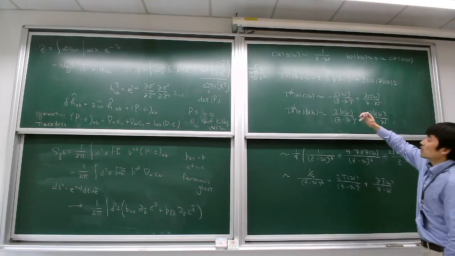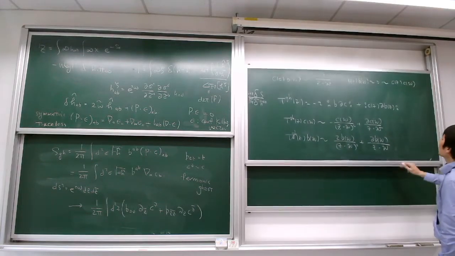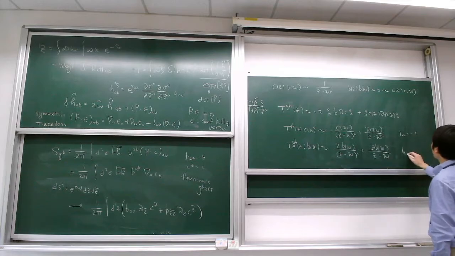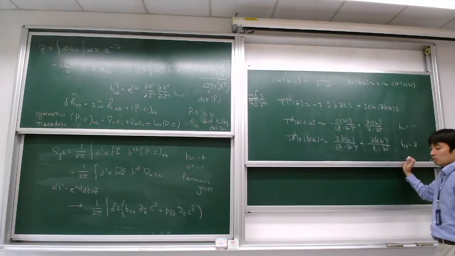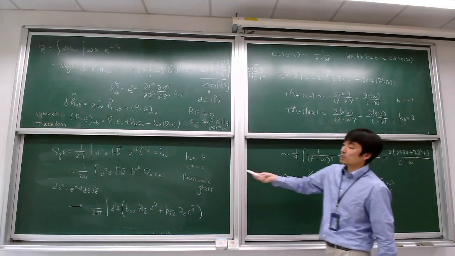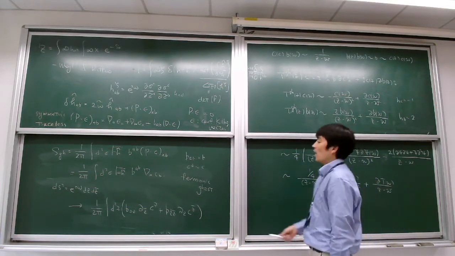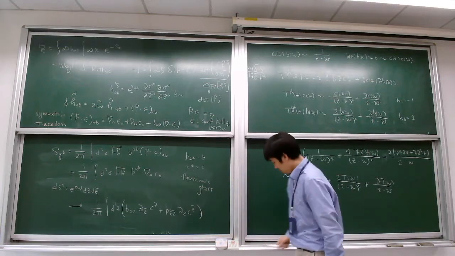So therefore c and b are primary, the conformal dimension of c is minus 1 and the conformal dimension of b is plus 1. That's consistent with the quadratic differential and the upper-index vector.